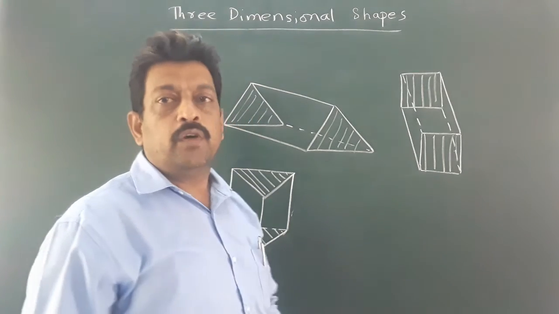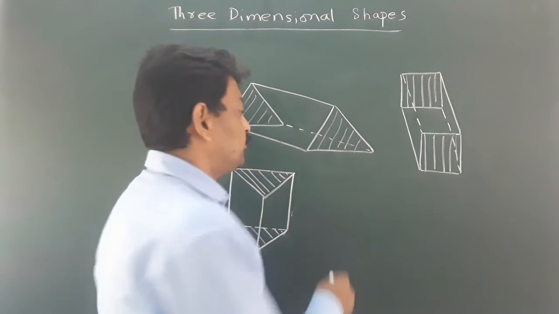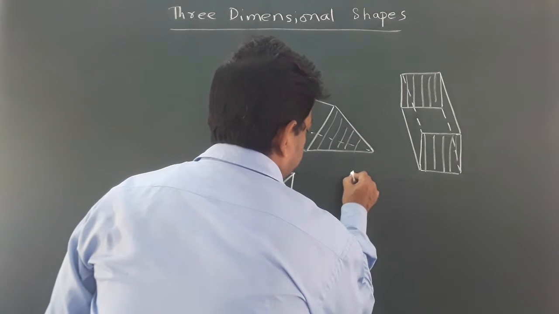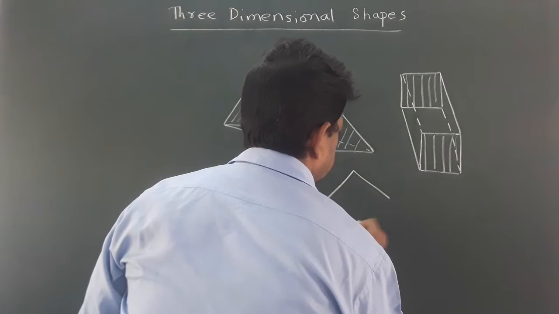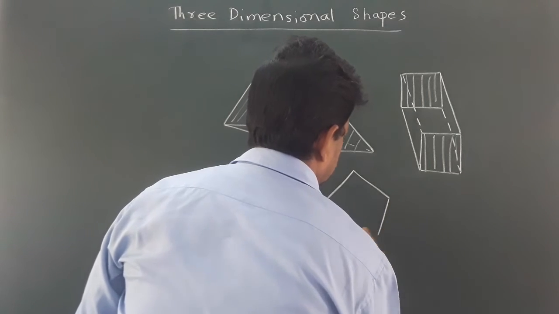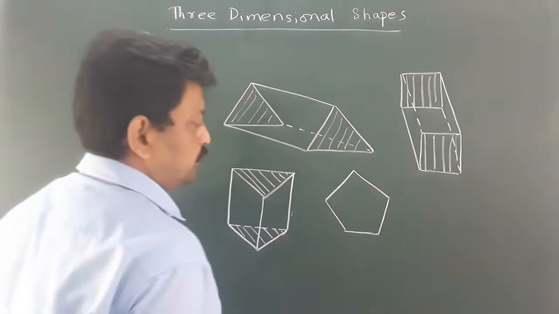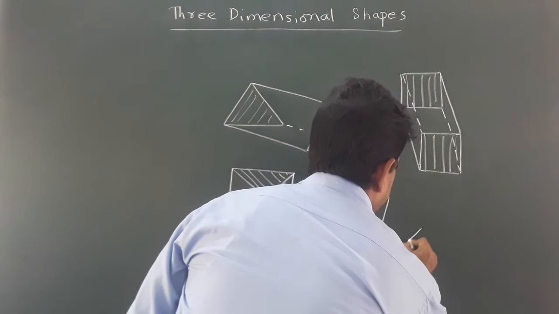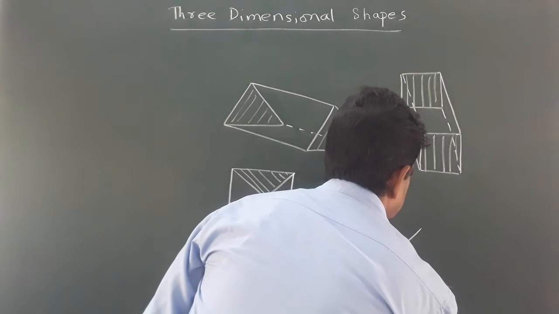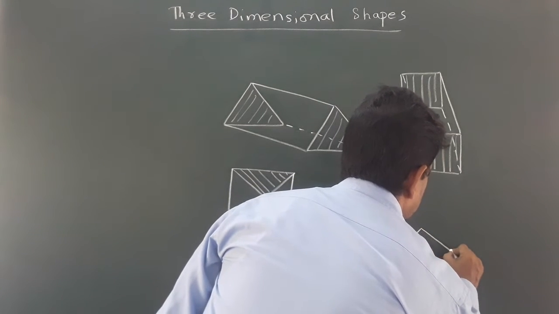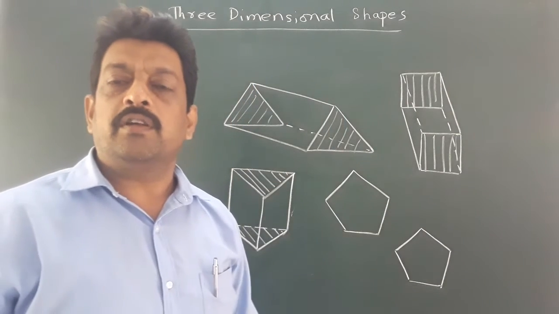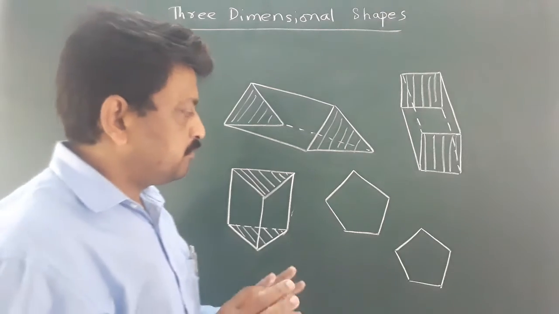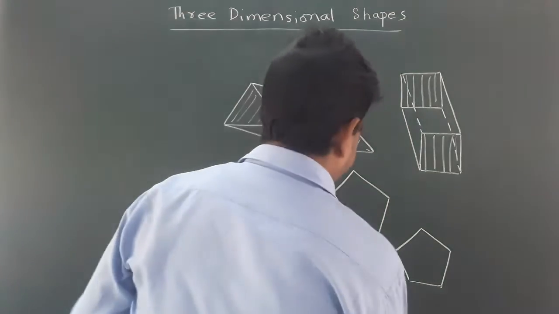Okay. If you want to draw a pentagonal prism, draw a pentagon. Draw one pentagon here. But try to draw the pentagons identical as much as possible.